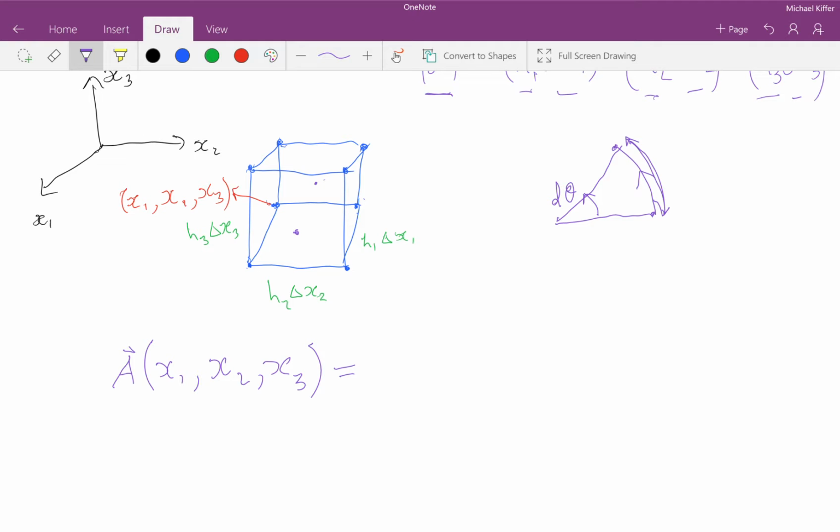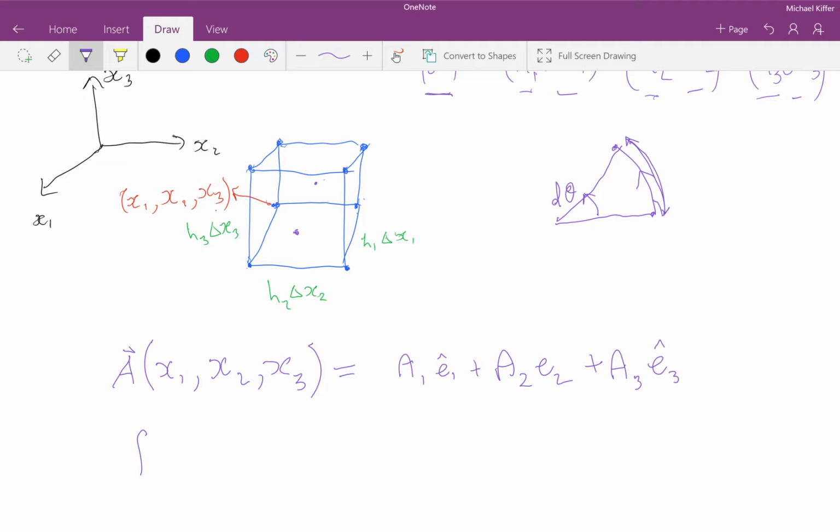So we've got A1 e1 plus A2 e2 plus A3 e3. So we want to know how much stuff is going across this front surface.